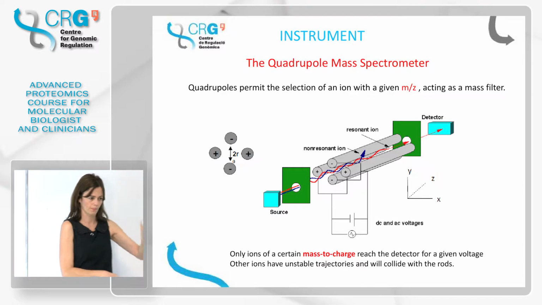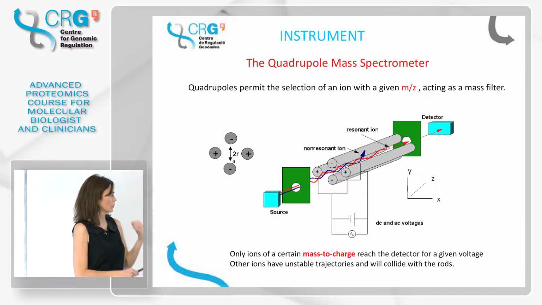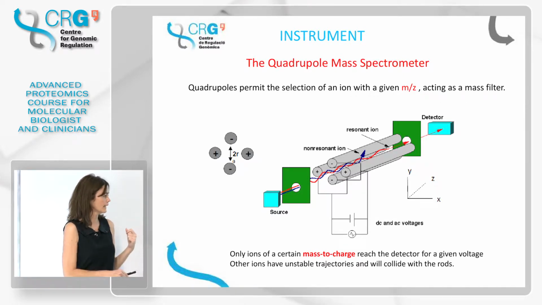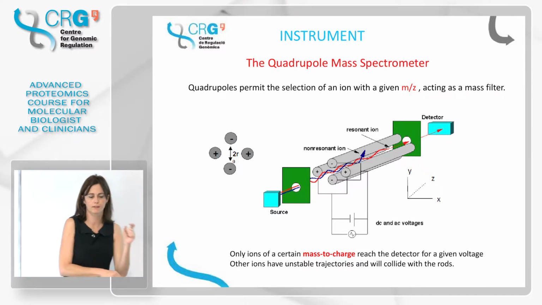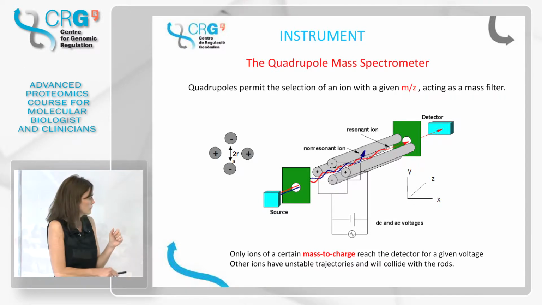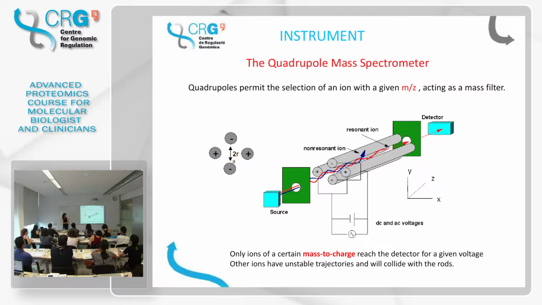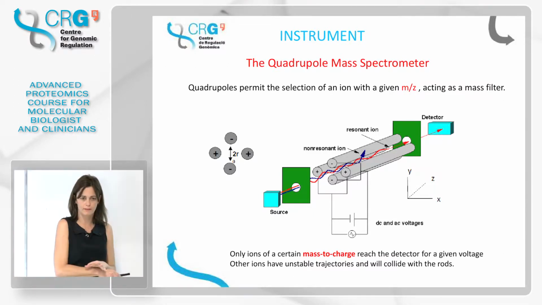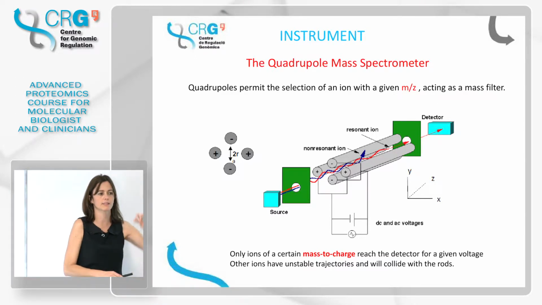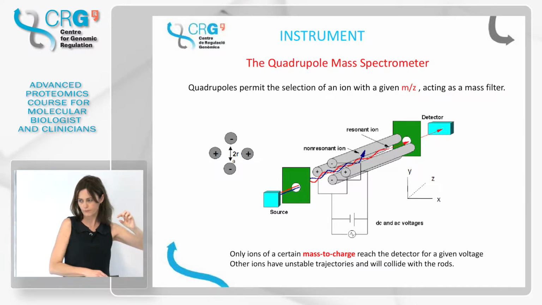Now we revise that what quadrupoles do is let go a specific mass through here. Everything that is not set for the mass that we want to filter and reach the detector is going to collide into the rods. So in quadrupoles, we filter by mass. When I say mass, it's mass to charge.